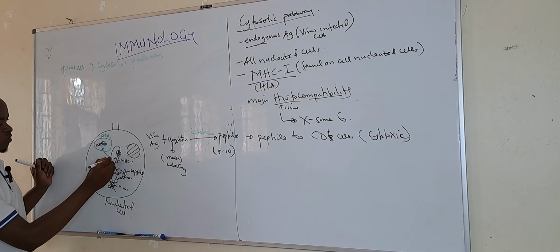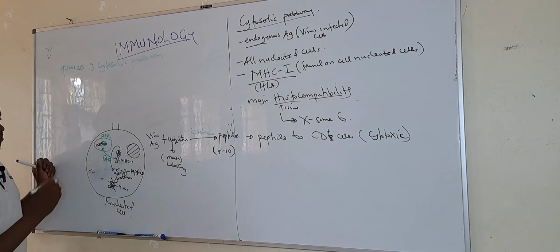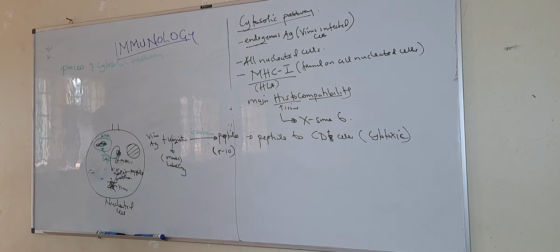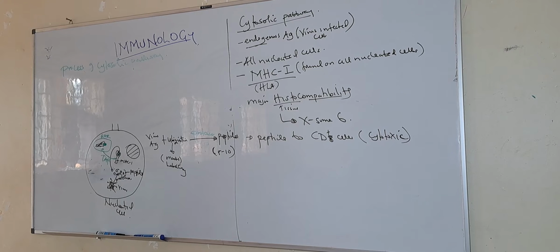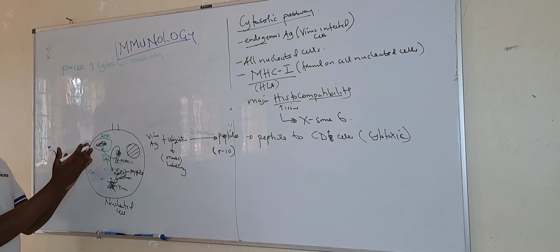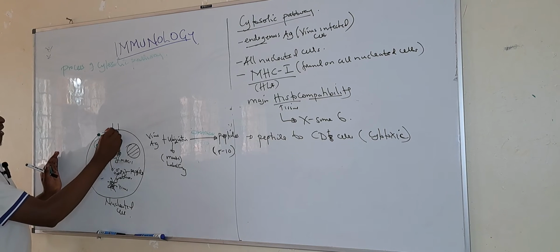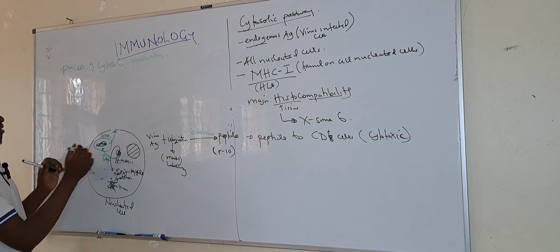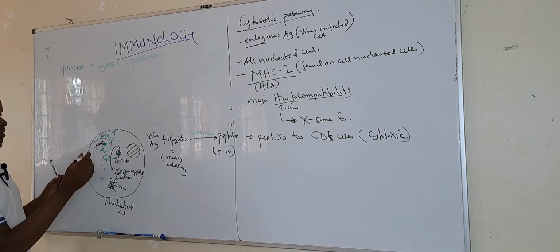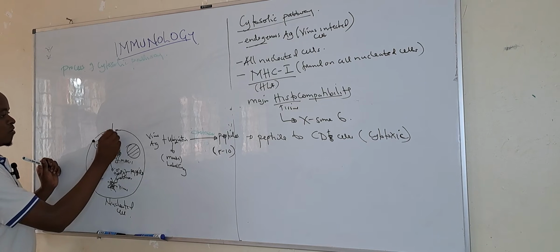This is transported by a protein called the TAP, transporter associated with antigen processing, which transports it inside the endoplasmic reticulum. Then later, so long as the immune system is triggered, it comes and presents it on the surface. So we shall get our major histocompatibility complex type 1 on the surface of the cell.